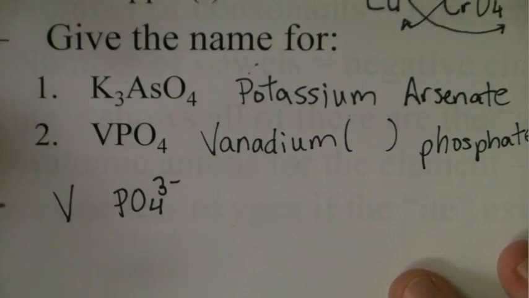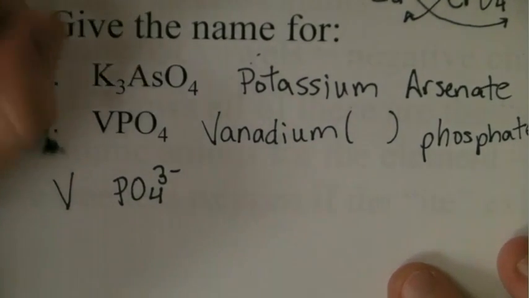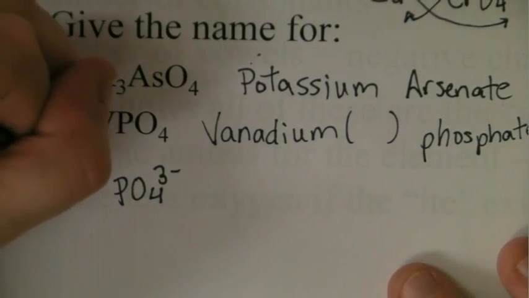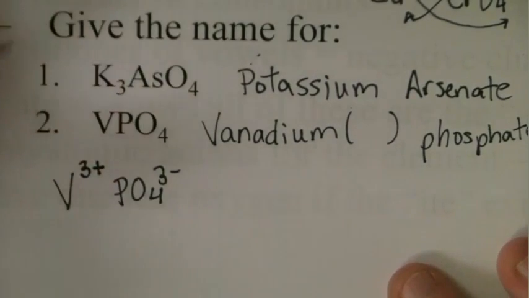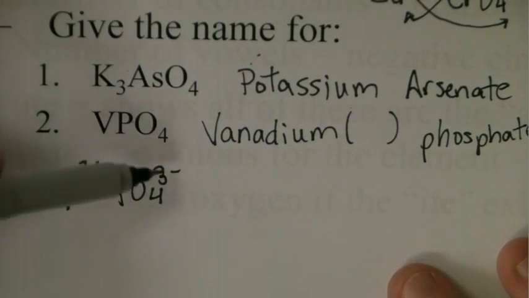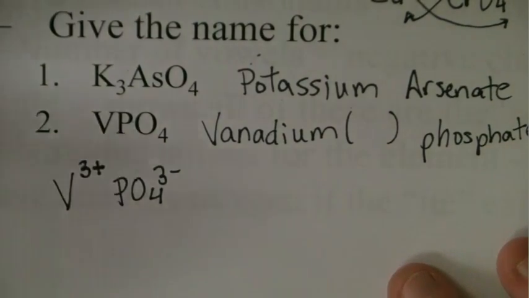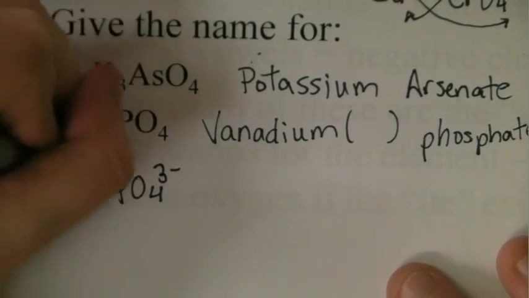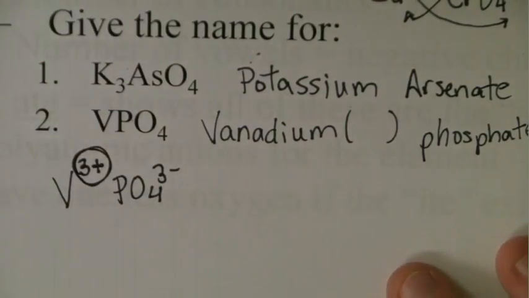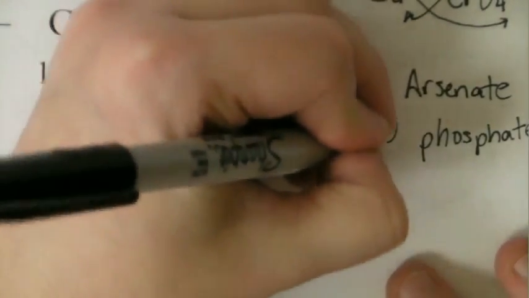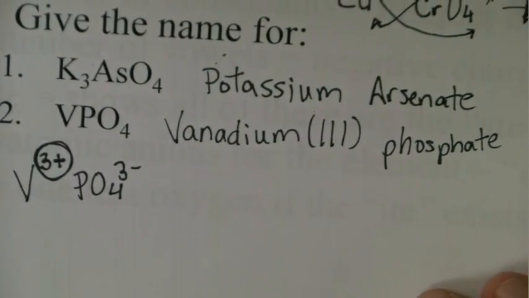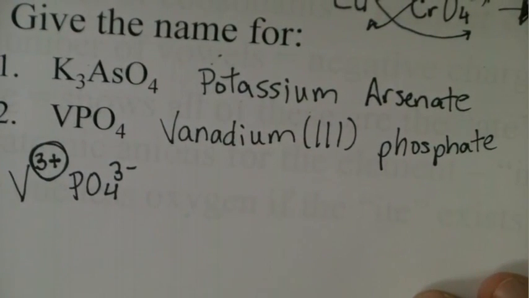So the only charge that would work to get this formula is if vanadium had been a +3, since phosphate is a -3. So this is telling you we used vanadium 3 in order to get that formula. All right, vanadium 3 phosphate.